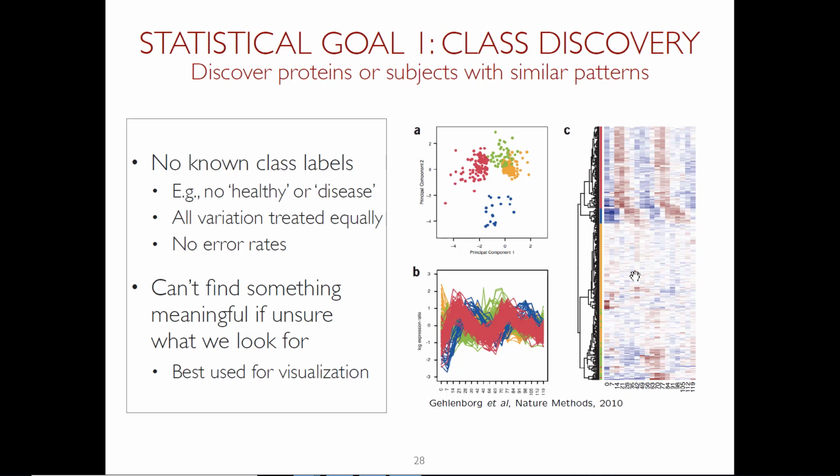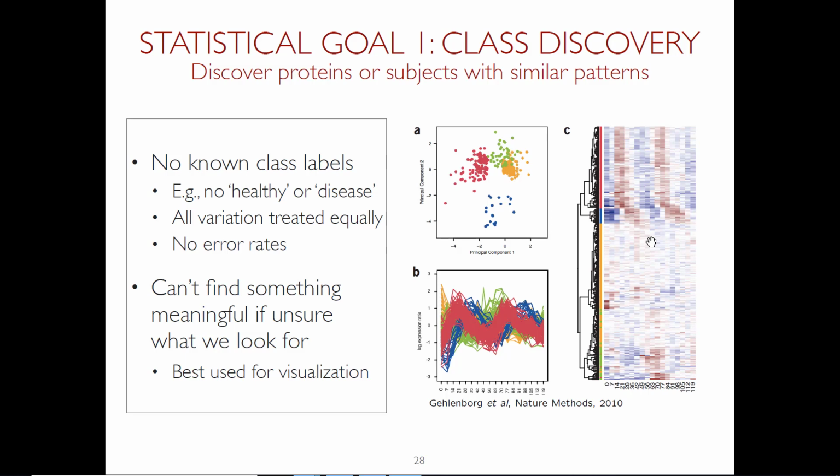Or it is also meaningful to look for samples which are similar in the space of the proteins, because maybe these are disease subtypes, or maybe there are some other shared properties of the subjects. The important thing is that we don't really know what our class is. We don't know what the disease subtypes are. We don't know what the mechanism is for the stress response. We're just saying, OK, here's my matrix of the data.